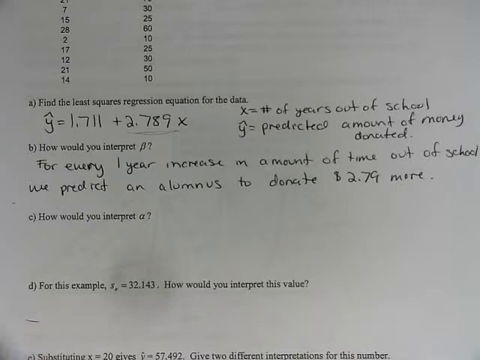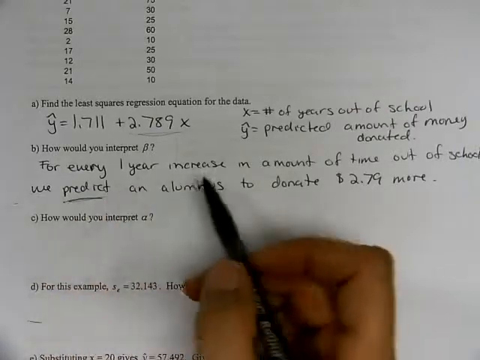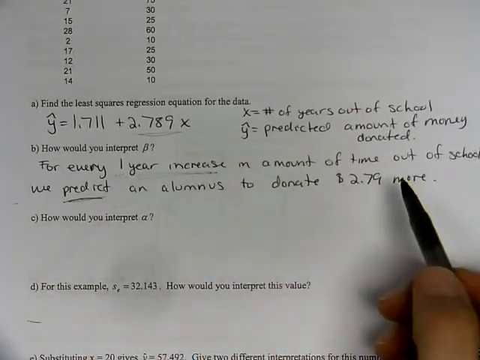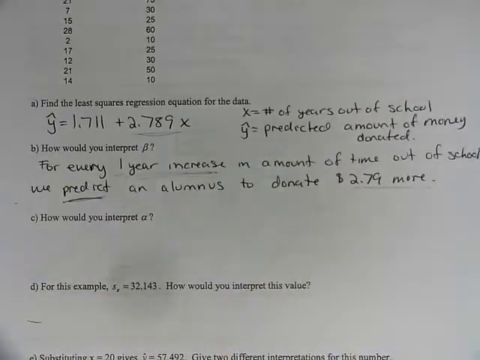And it doesn't necessarily have to be that. Like I wrote in another one, for every 1 year an alumnus is out of school, we predict the amount donated to increase $2.79. What I'm looking for is, for a 1 year increase in x, how much change in y?